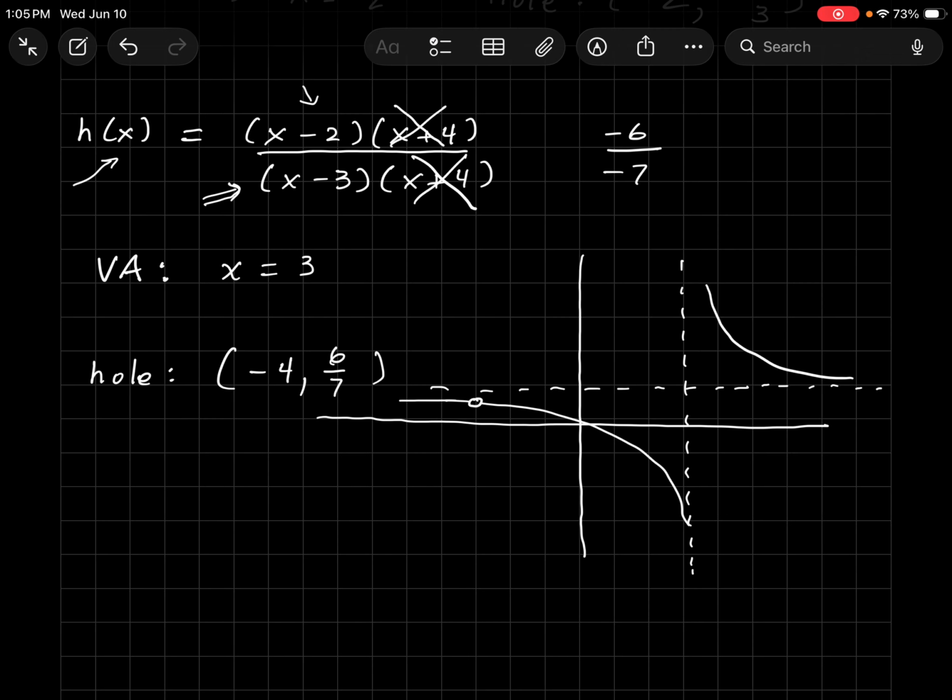It really should be shifted over a little bit like this. But for now, I just want to get the general feel of when I have a rational function, how do I know when we will have a vertical asymptote and when we will have a hole?